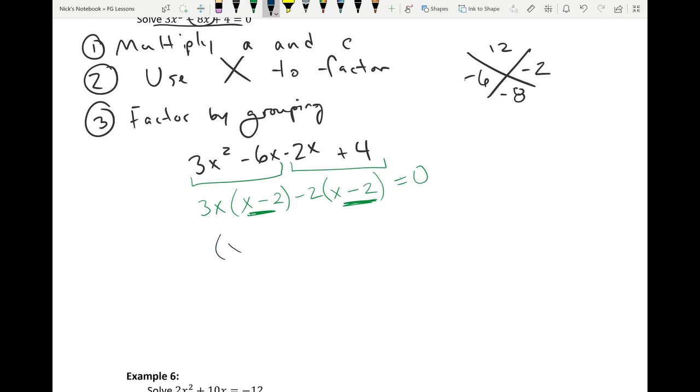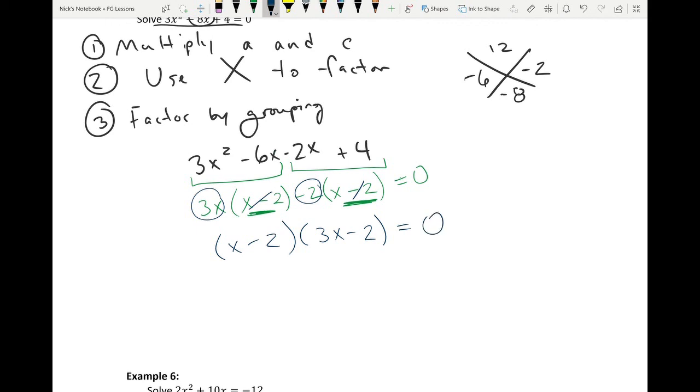We see that there's an x minus 2 here and an x minus 2 here. We have a 3x and a negative 2 left over. So we have x minus 2 and 3x minus 2 as our two factors.